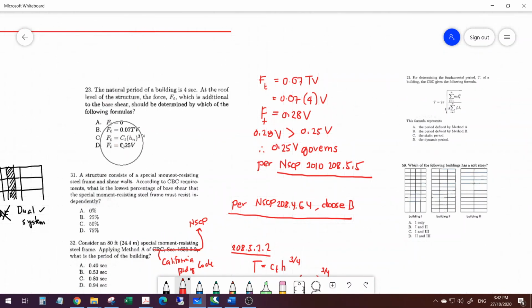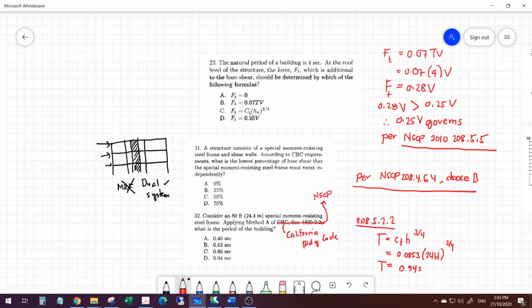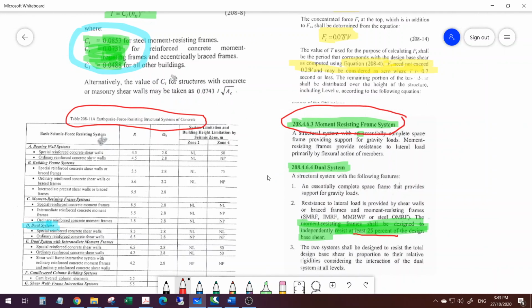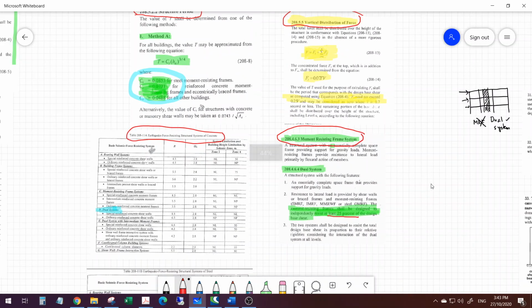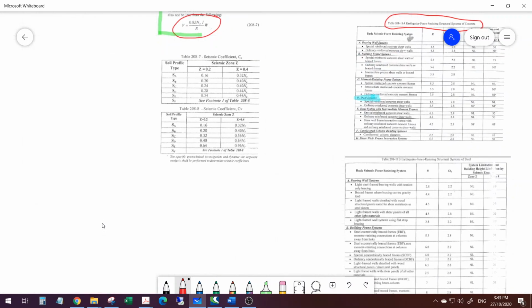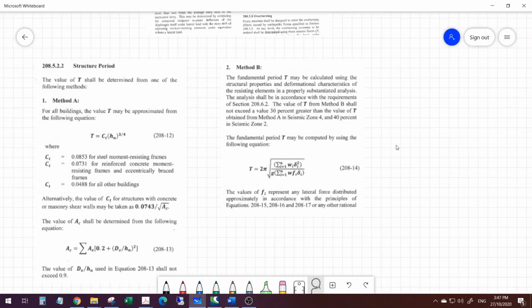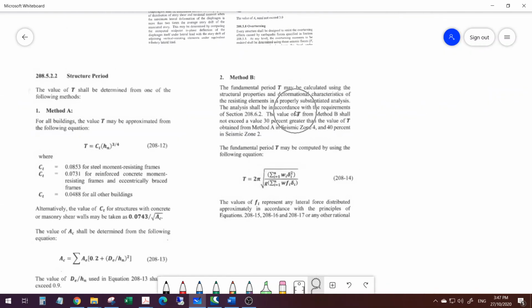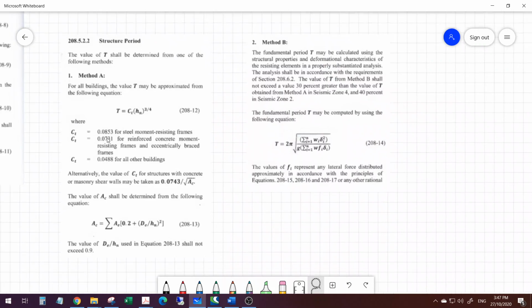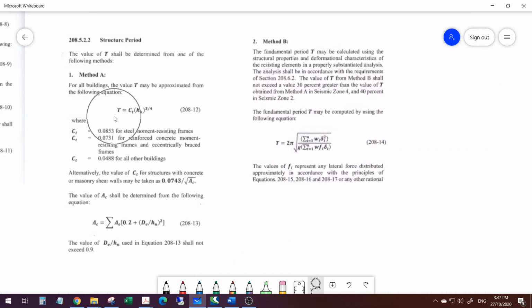This one is for method A. Method B is, I think, okay, so this is now a snippet from NSCP 2015. So this is method B in getting the period of a structure. We've already used method A, and now this is method B.